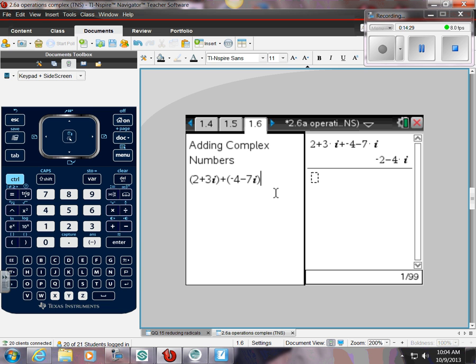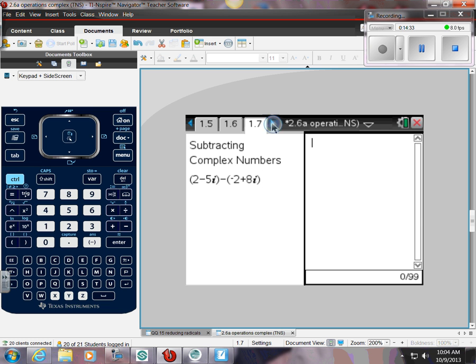What do you think? Adding's pretty simple, I would think, yeah? Okay, so let's go to subtraction. Subtraction's a little bit different. If I was subtracting two binomials, what would I have to remember to do? Keep, change. Yes.